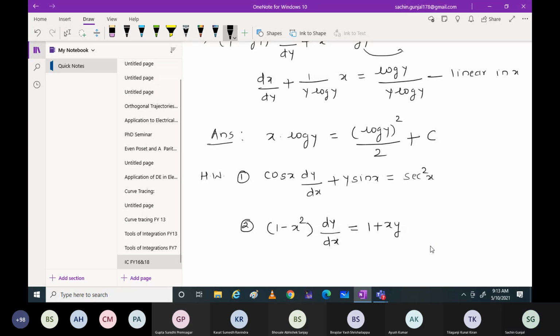So tell me, first equation is linear in which variable? y. Correct. So linear in y. What about the second? y, sir. Again, correct, because you can see that there is x square term. This is also linear in y.